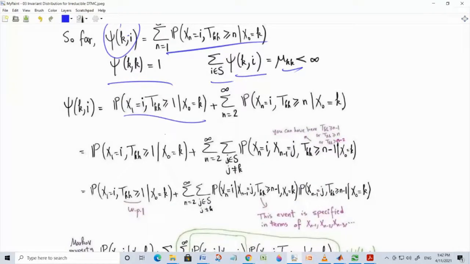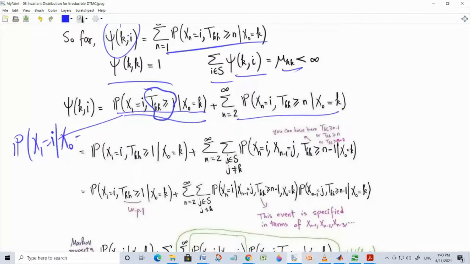We will separate n equals 1 and then the remaining terms. Here we have Tkk greater than or equal to 1, which happens with probability 1. This term is just the probability that X1 is equal to i, given that X0 is equal to k. So this is the transition probability from k to i. So the first term is just the transition probability k to i.